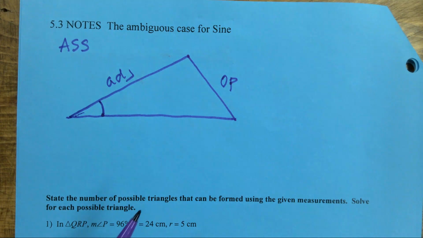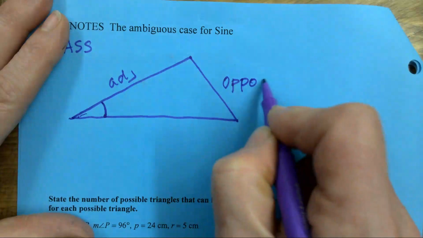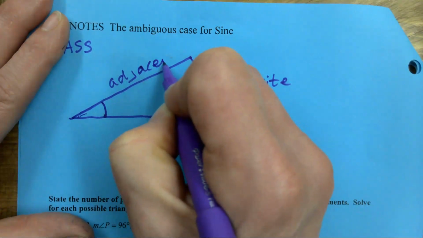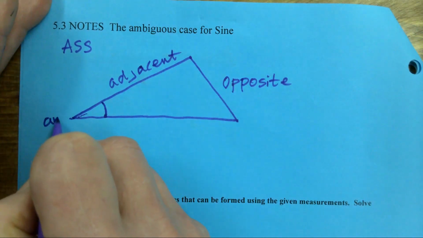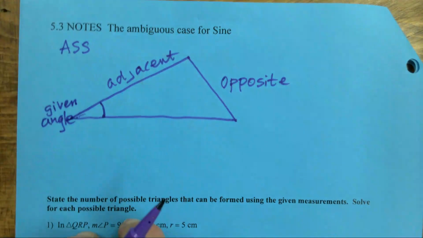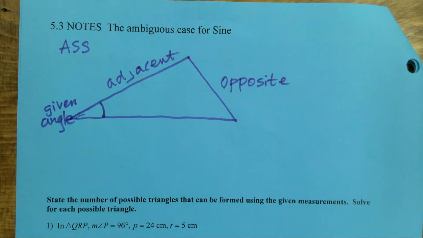So the information that I know is an angle measure, an opposite side, and an adjacent side. I probably should spell those all out, so I will: opposite, adjacent, and the angle.